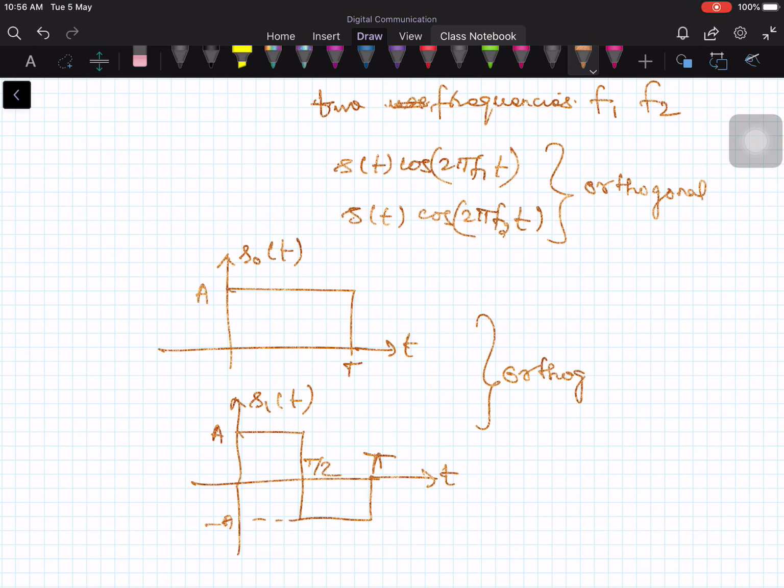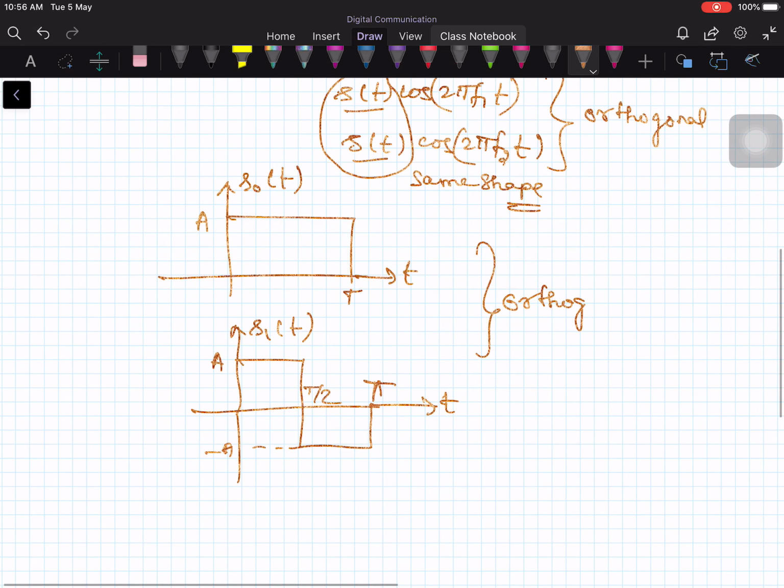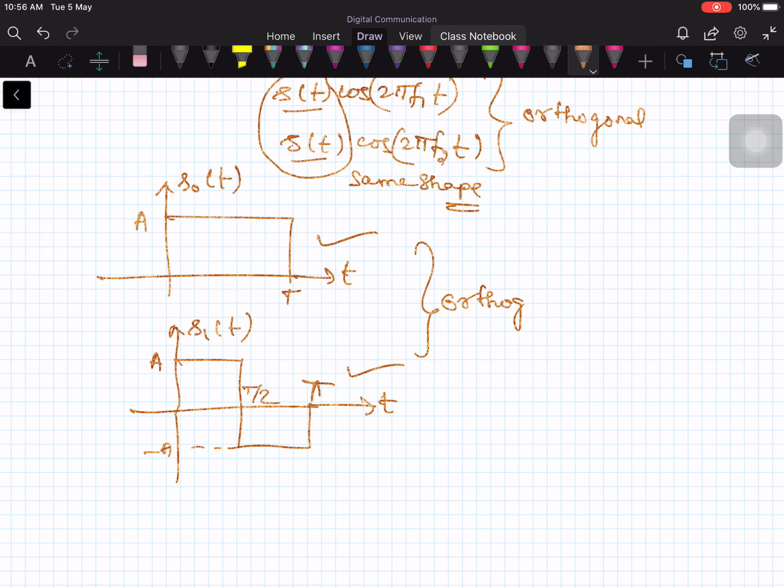So orthogonality can be achieved by choosing different frequencies, let's say f1 and f2, or you can choose the pulses like this. But look here: in the first case the two pulses are the same shape, but only the frequencies are different. And here the pulse shape is different. From 0 to T, the pulse looks like this, and here it looks like that. Therefore this is my baseband pulse.